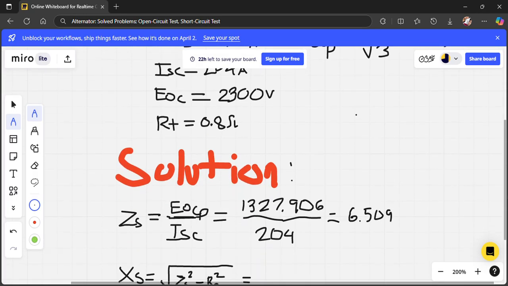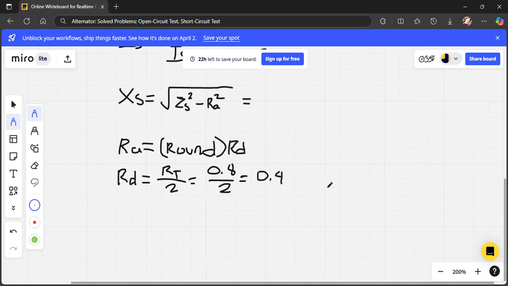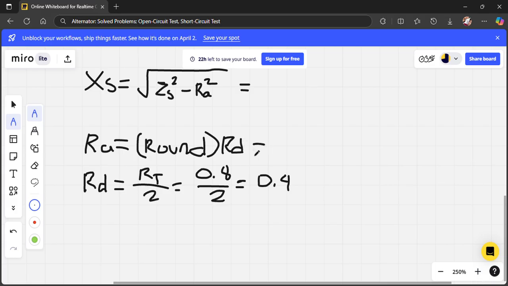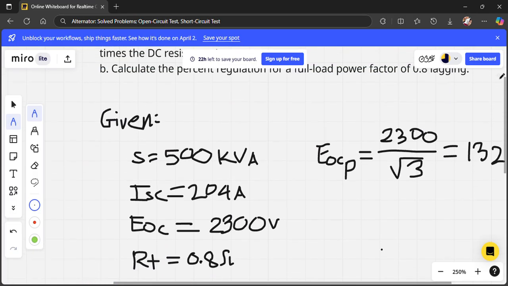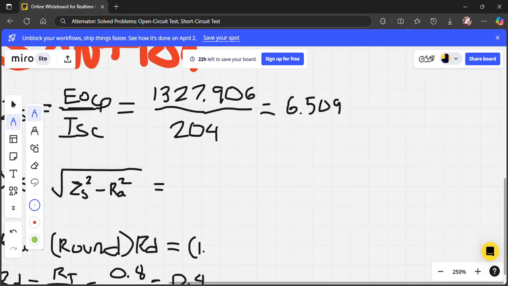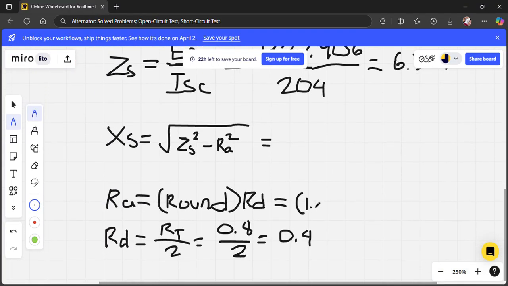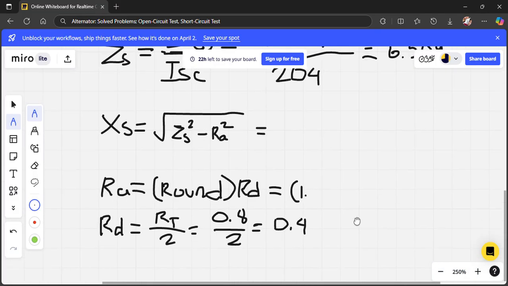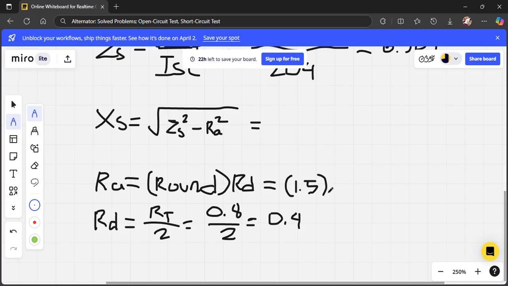So RA is 1.5 times RD, 1.5 times 0.4, which is 0.6 ohms.